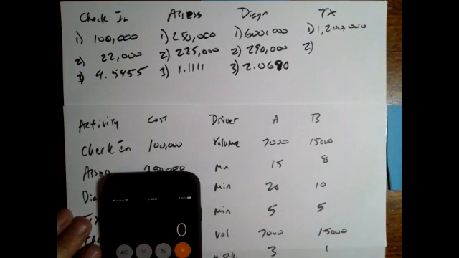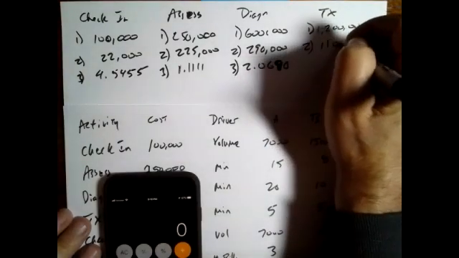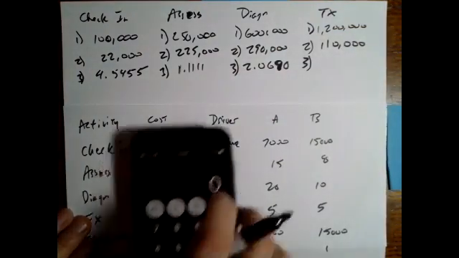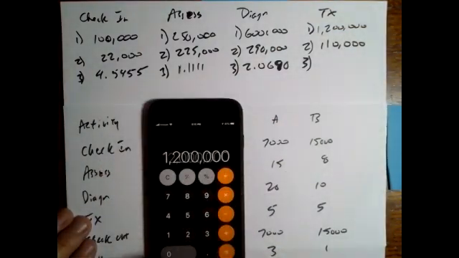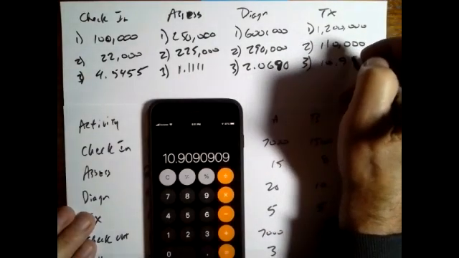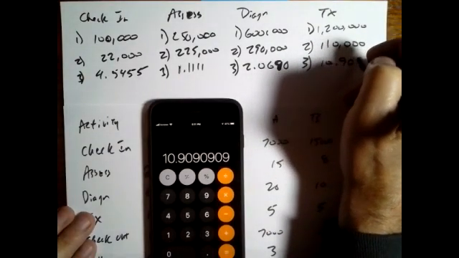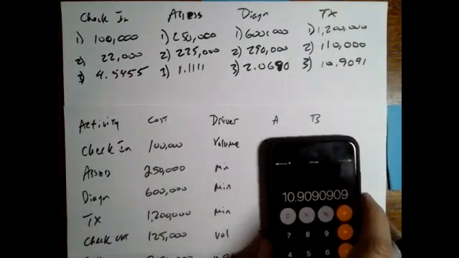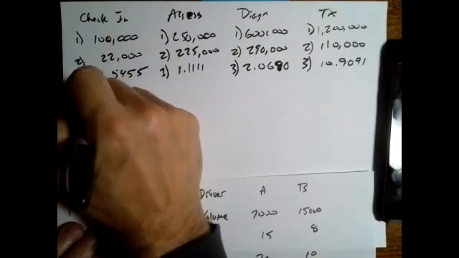So that's a total of 110,000. So 1.2 million divided by 110,000 gives us $10.90 per minute of treatment.